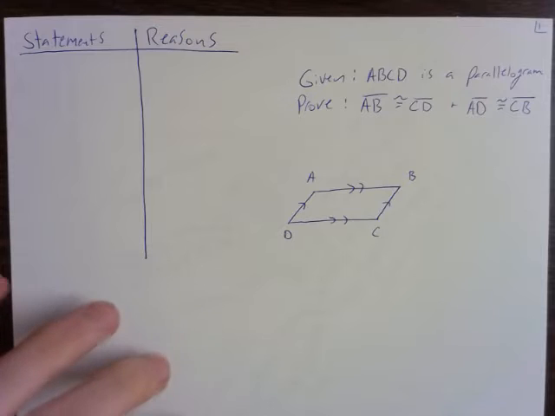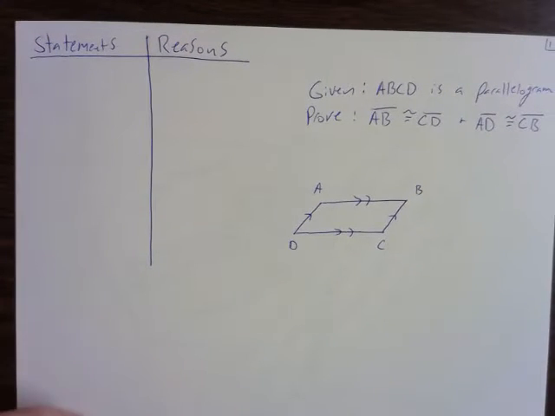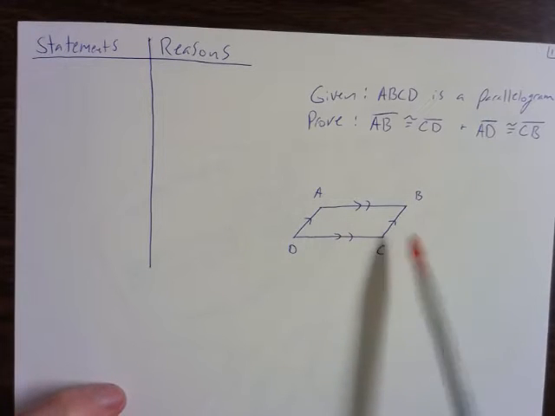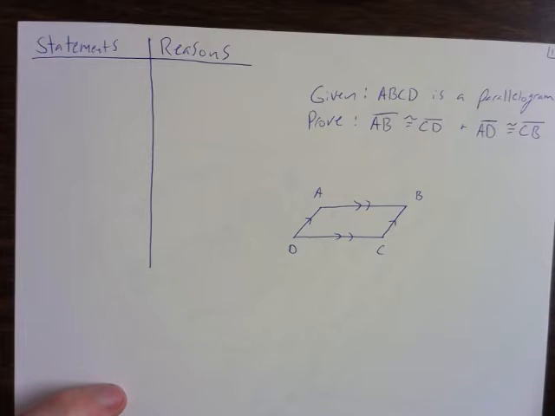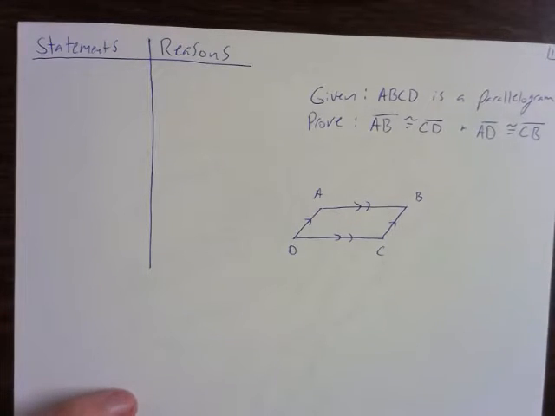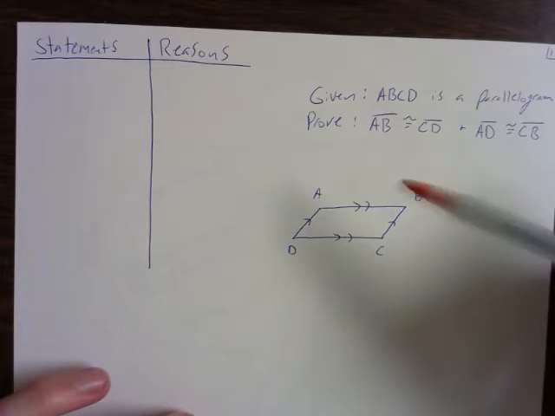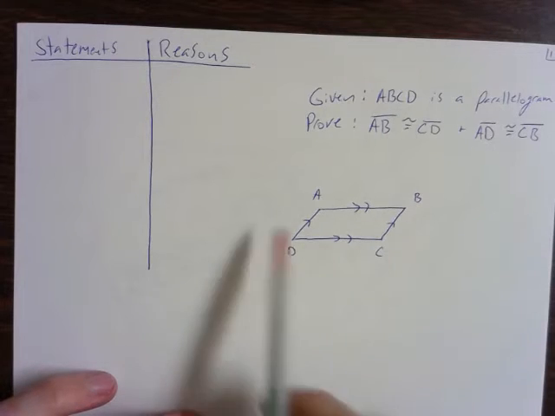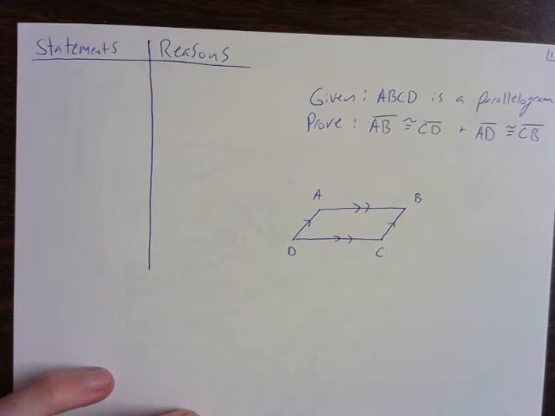Okay, so our first proof says that I've been given that this shape here, ABCD, is a parallelogram. Okay, and remember, a parallelogram is a four-sided shape, and the opposite sides are parallel. So I have my markings here that show that these opposite sides and these opposite sides are parallel, okay?